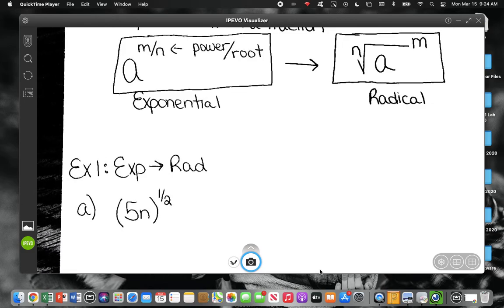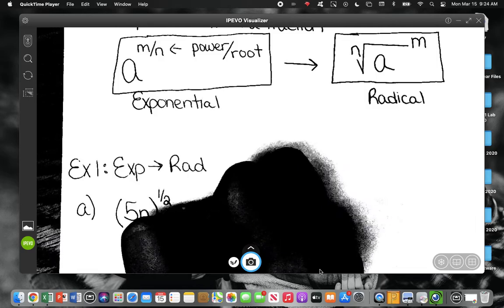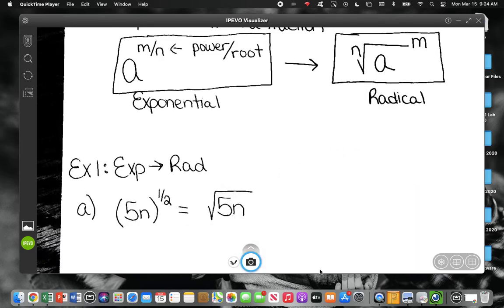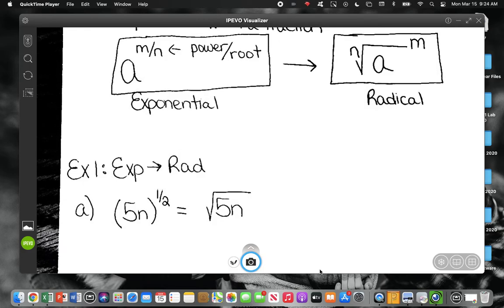So if we are looking at this, the base is whatever we're taking to that power, and in this case the base is in parentheses, it's 5n. So our 5n is going to go inside of the root or the radical. Now, which number in my power is the actual power?